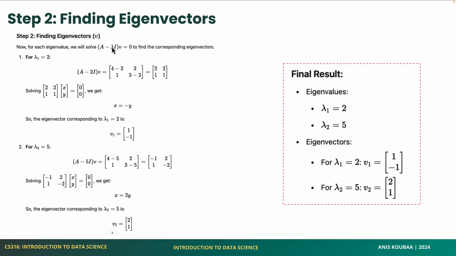We apply it for the first eigenvalue. We're going to find x and y, so x equal to minus y. Solving this, we will find the value of v1, 1 minus 1. Now we do the same thing by replacing lambda with lambda 2 equal to 5, and you're going to find the eigenvector 2 and 1.